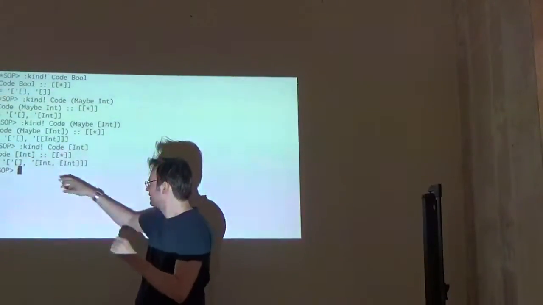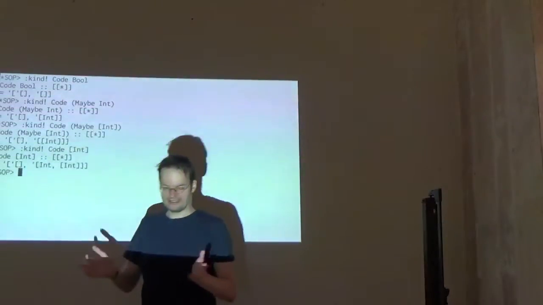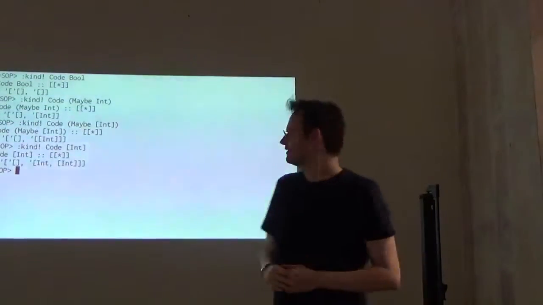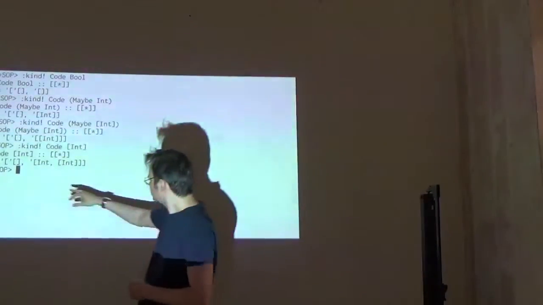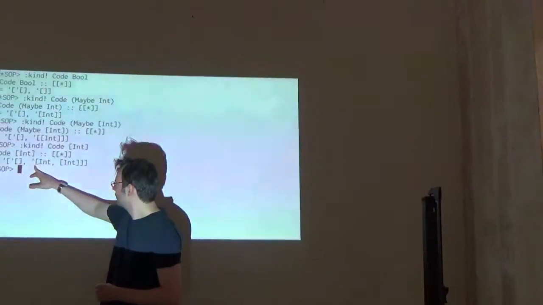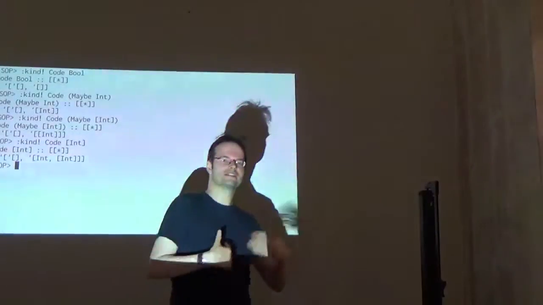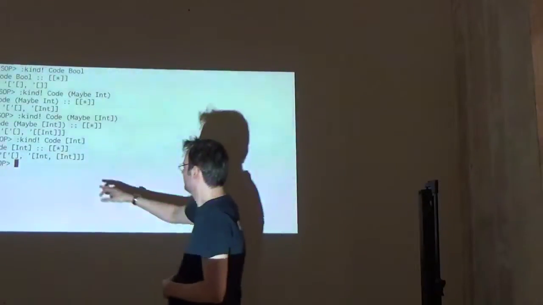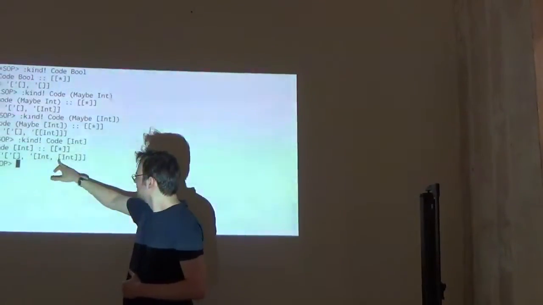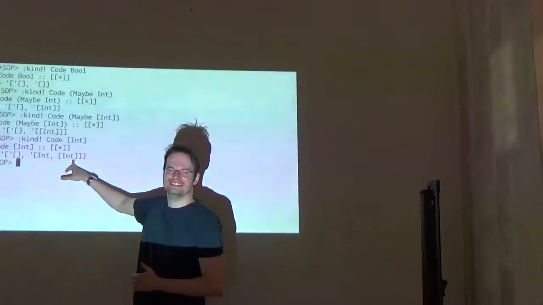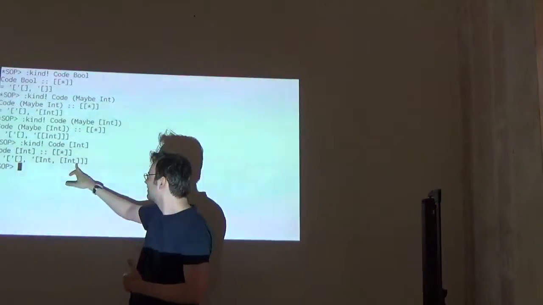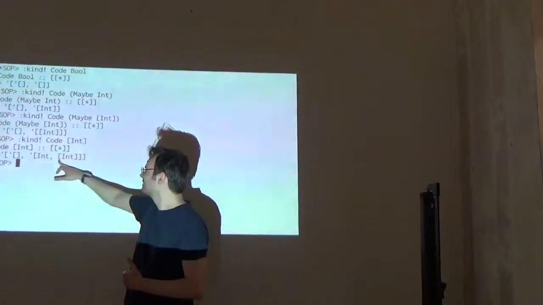By the way, there are all these little quotes. If you haven't seen type level lists very often, this is the reason why you have them. So the quote in front of a type level list means that it's actually a type level list rather than the list type. And here you see that we have list of Int occurring as a type, right, and not as a one element type level list.